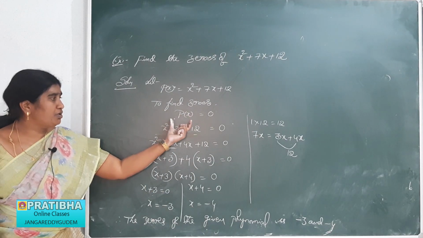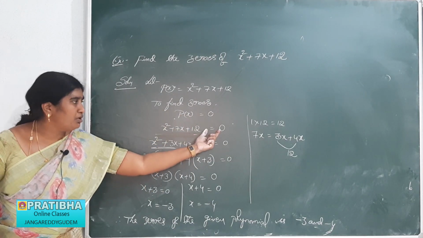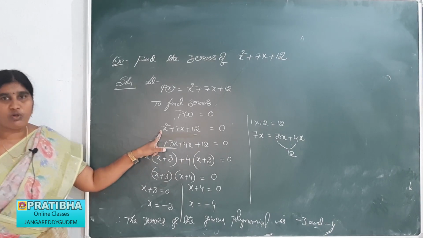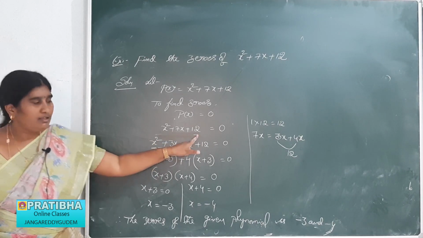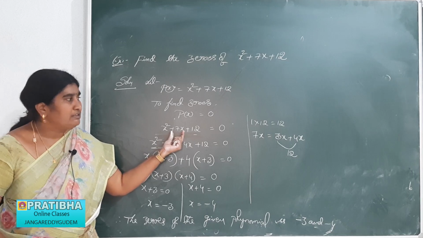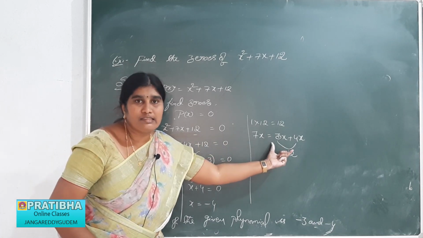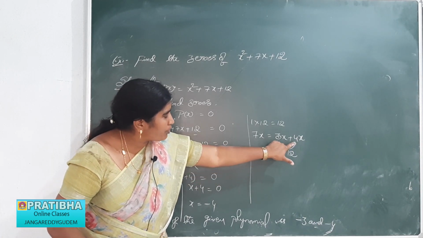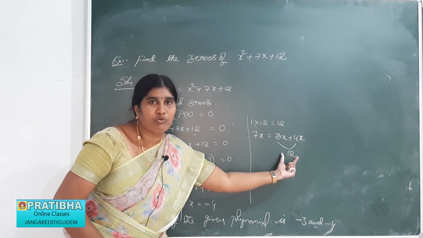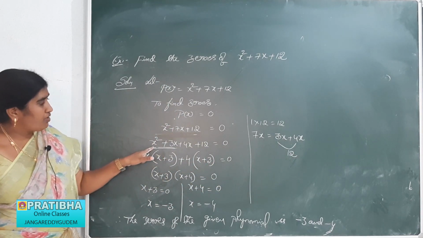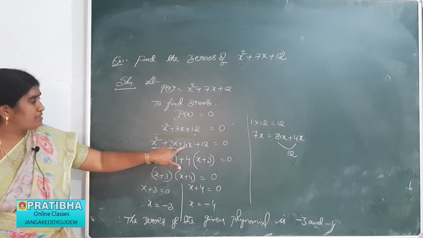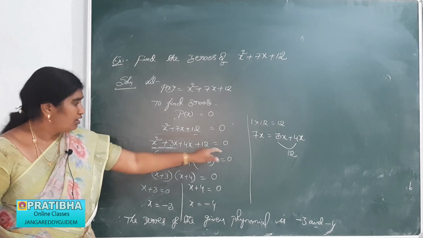First, to find the zeros, given polynomial is equal to 0. Here x square coefficient is 1, constant term is 12. 7x can be written as the sum of two terms such that the product of their coefficients equal to 12. Now, x square plus 7x can be written as 3x plus 4x plus 12.